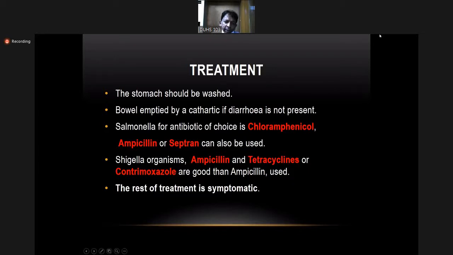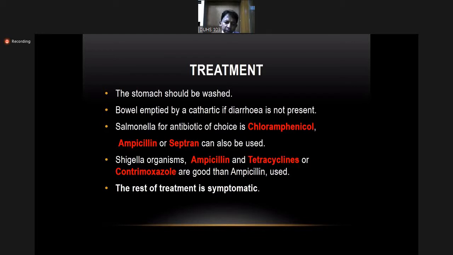For Salmonella, the antibiotic of choice is chloramphenicol. Nowadays a wide range of antibiotics are available for the Salmonella group. In the olden days, chloramphenicol was the treatment of choice in typhoid fever and in food poisoning due to the Salmonella and Shigella group.